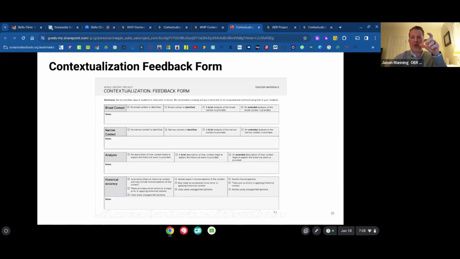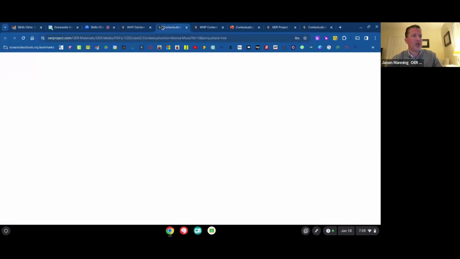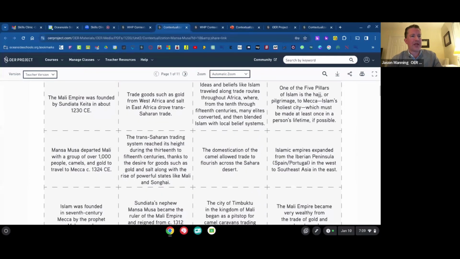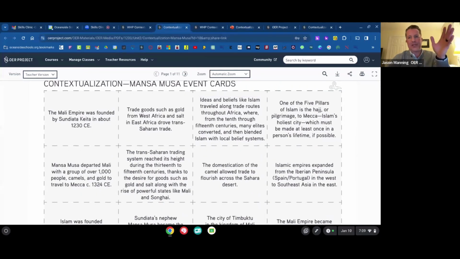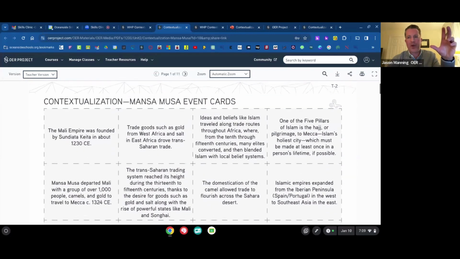Just to follow up, because I want to acknowledge what you were talking about with your struggles with getting them to have any contextualization. One of the things I have found is that, whether I use the Mansa Musa lesson or not, I can often replicate this style of lesson but seriously scaffold it for kids. This one has 16 cards, 4x4, that can be broken up.